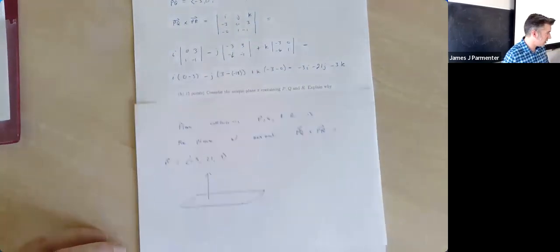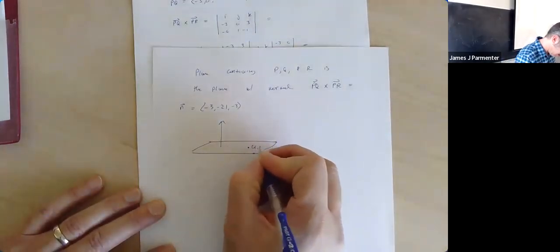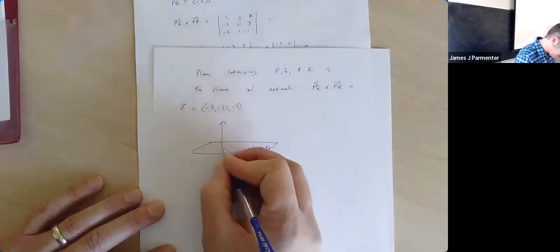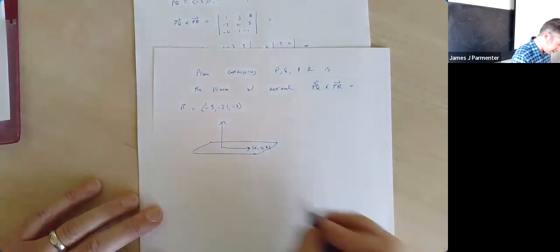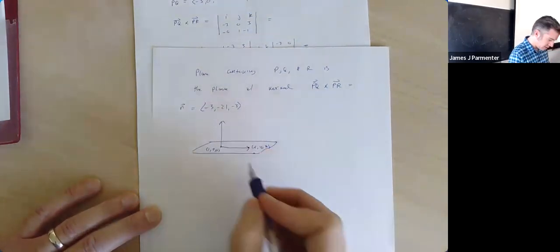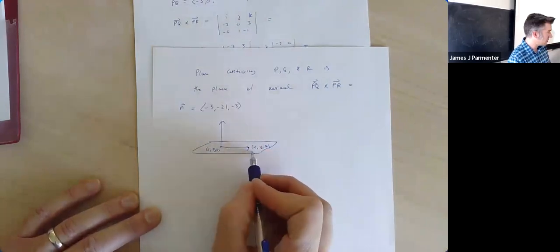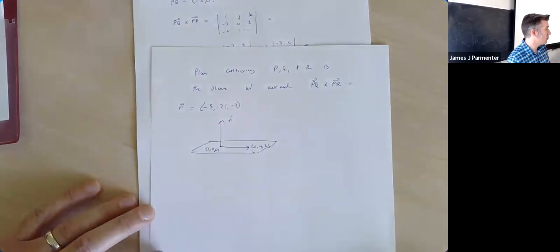And then what you could say is, pick any point in your plane, one of the points we've already talked about. Let's say P, which is 1, 0, 0. The vector from 1, 0, 0 to x, y, z and this normal vector have to be orthogonal.